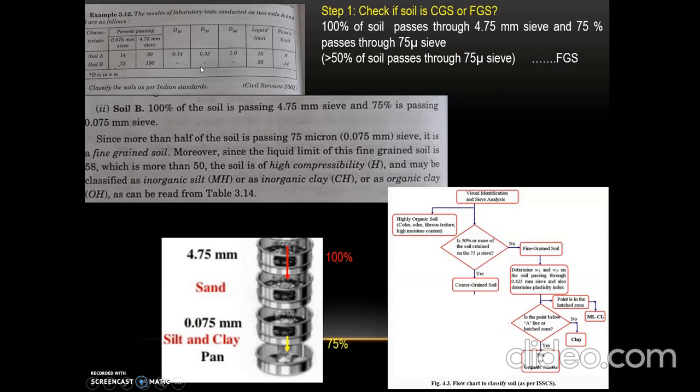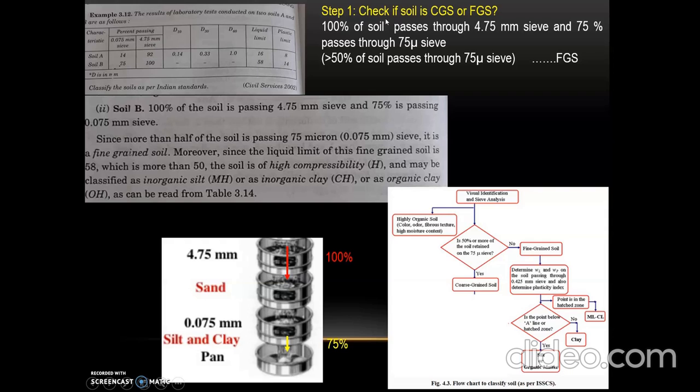So here we will have to classify the soil B. For that, the given data are: percent passing through 0.075 mm sieve is 75% and percent passing through 4.75 mm sieve is 100%. Liquid limit value is 58 and plastic limit value is 14.